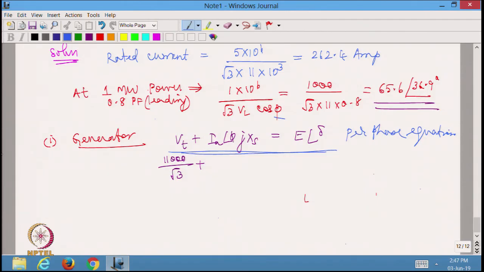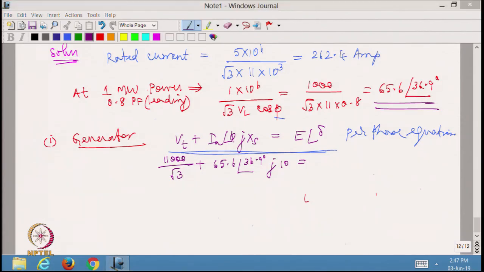Okay. Now, this is 11,000 by root 3, Ia is 65.6, angle 36.9 degrees multiplied by j10, right.